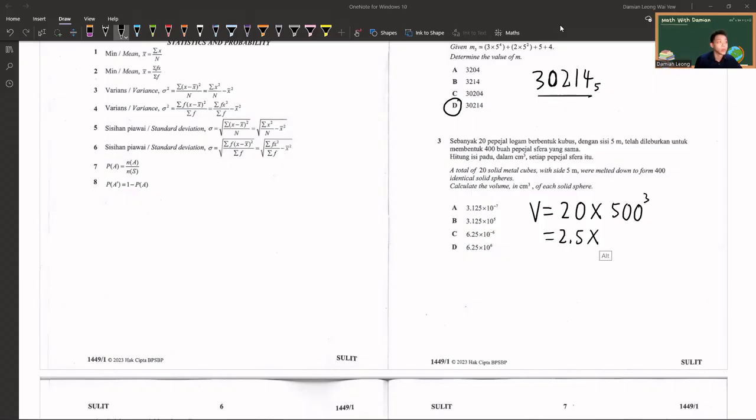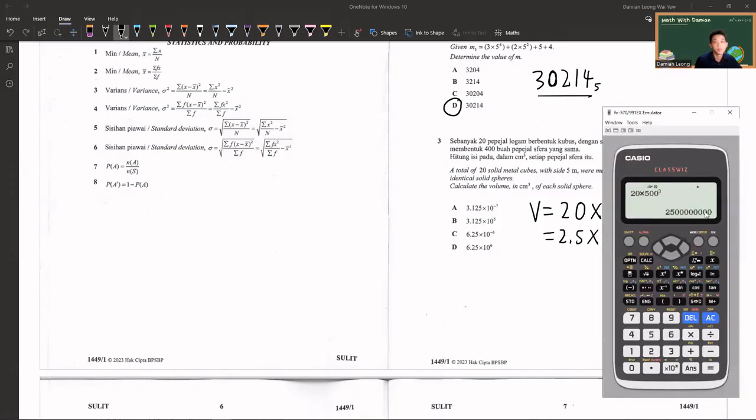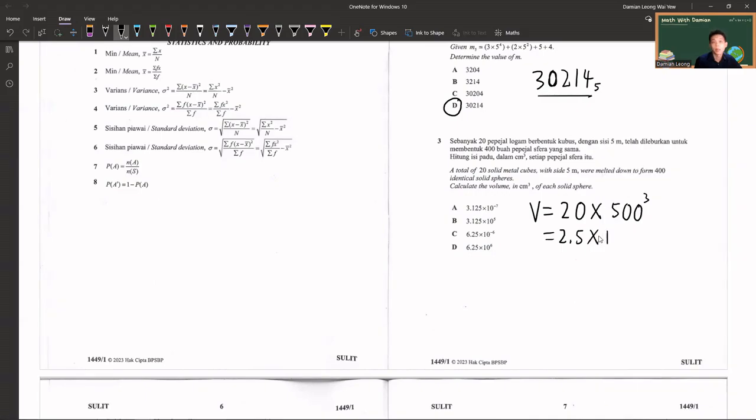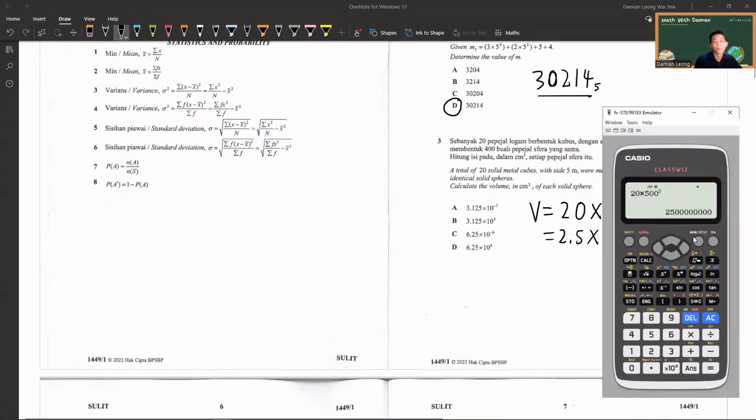So 2.5, 1 2 3 4 5 6 7 8 9. So times 10 to the power of 9. Okay, if you need to use your calculator function to change it into standard form. Okay, bentuk piawai.